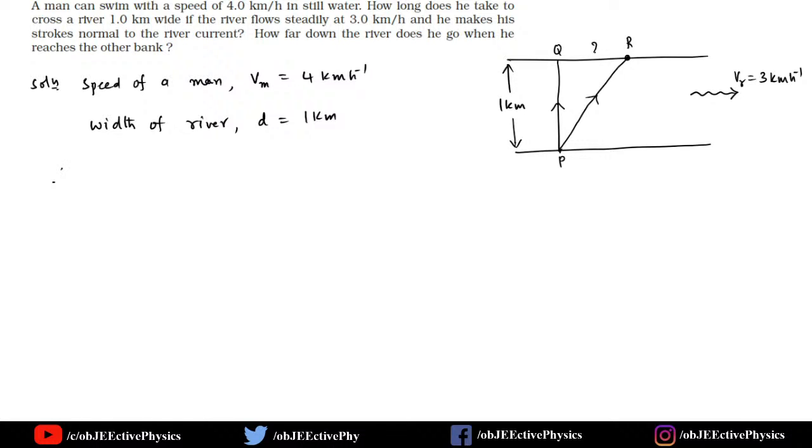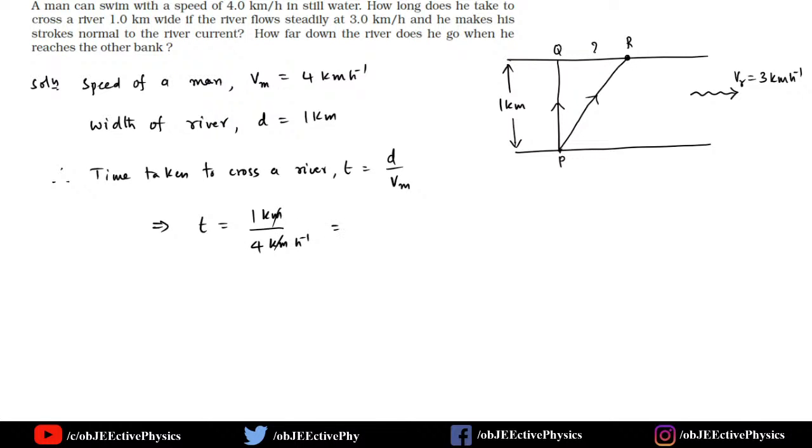So therefore, time taken to cross the river, T is equal to width of the river divided by speed of the man. So T is equal to 1 kilometer divided by 4 kilometers per hour.